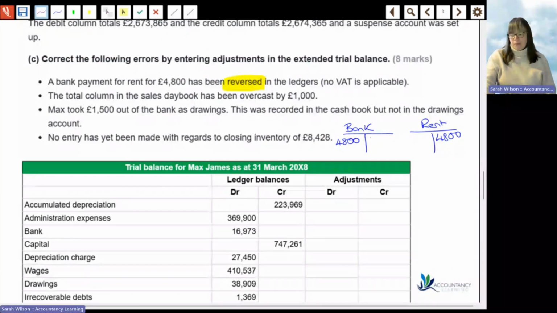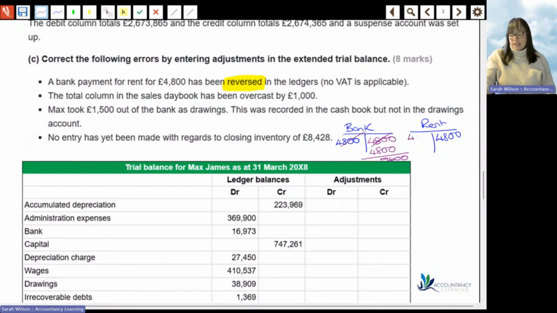So our first port of call is to do 4,800 bank credit, which cancels those two out. And then 4,800 again, for a total of 9,600. So that second entry there will then put it into the right place.